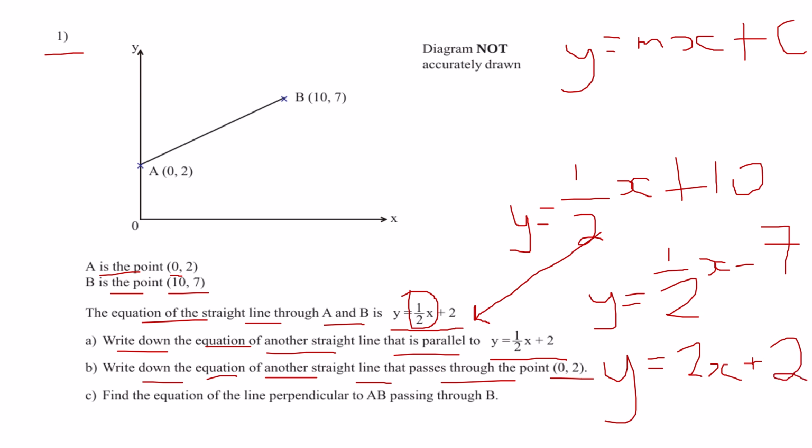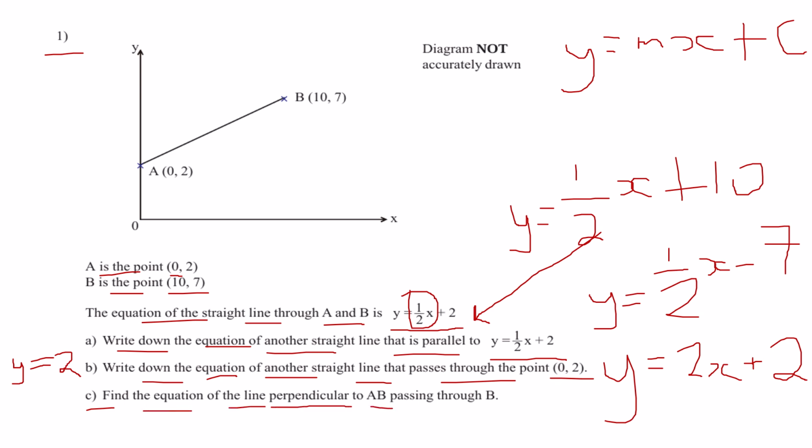As long as c equals 2 here, m can be any value. It can even be y = 2, because that's also a straight line, gradient obviously being 0.